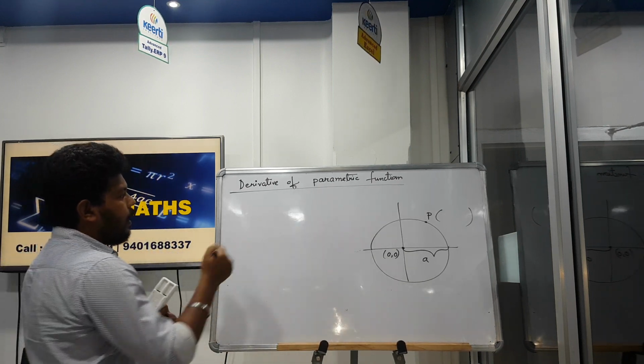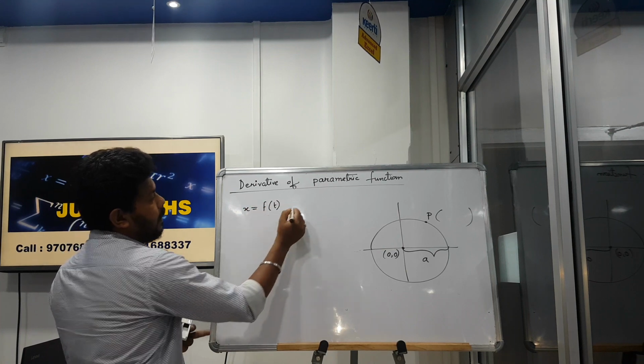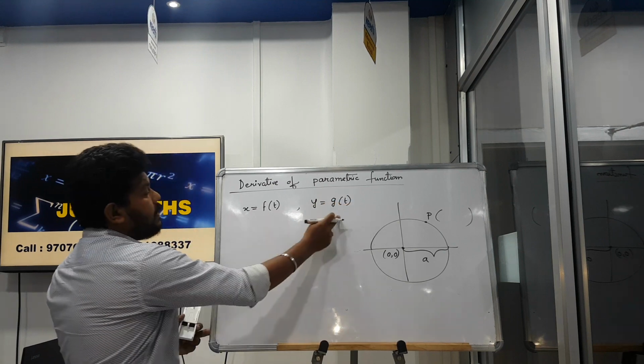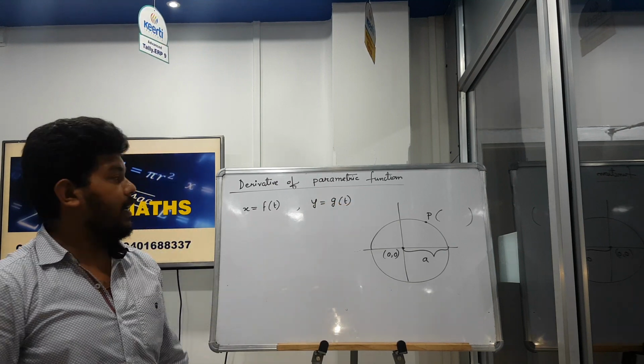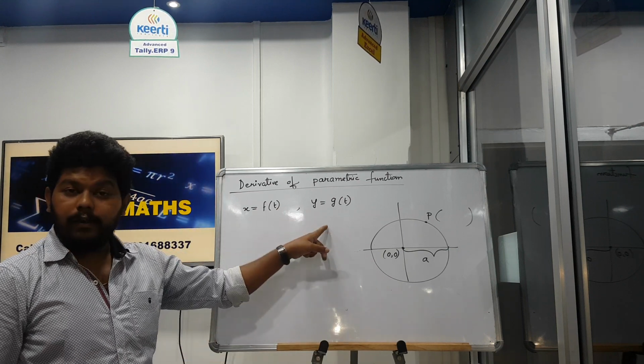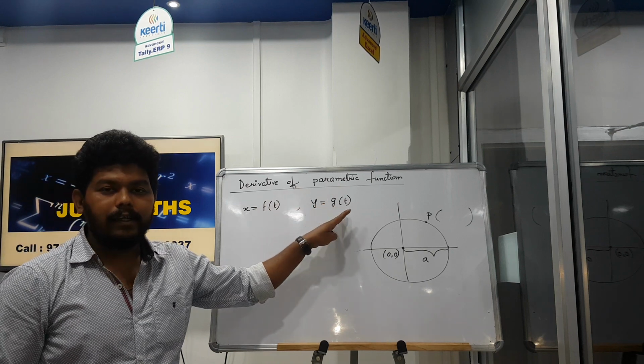Suppose you are given x is equal to f of t and y is equal to g of t, where f and g are not the same function, they are two different functions. X and y are two different variables, but they are in terms of a common variable t.